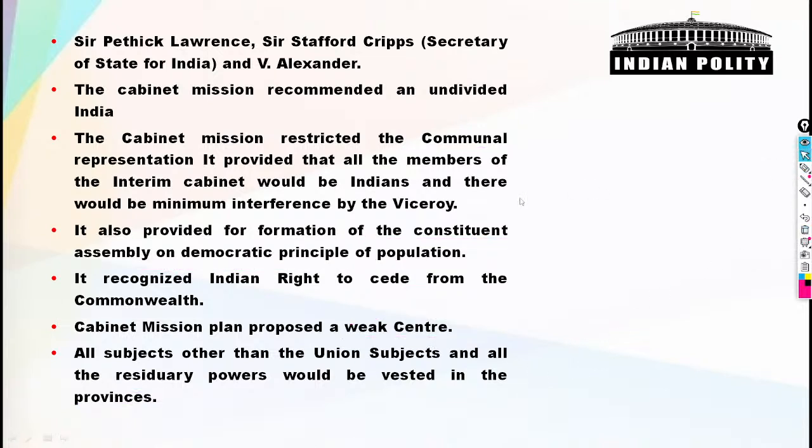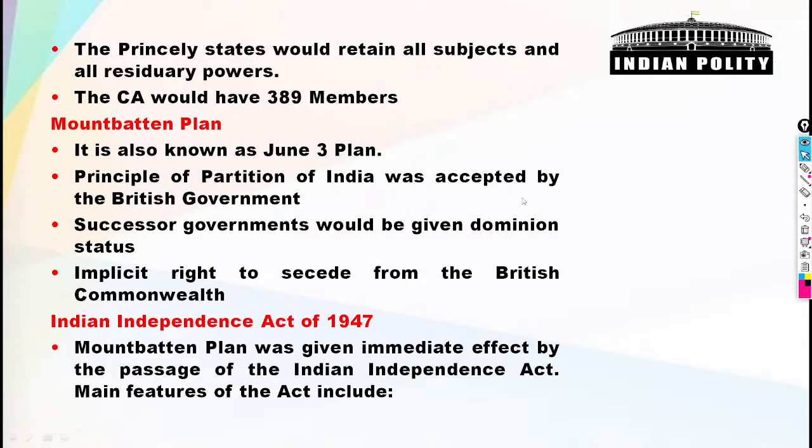But before discussing the making of the constitution, let us learn about the Indian Independence Act 1947. We shall discuss other things later. The Indian Independence Act is the last act of the British government for India.